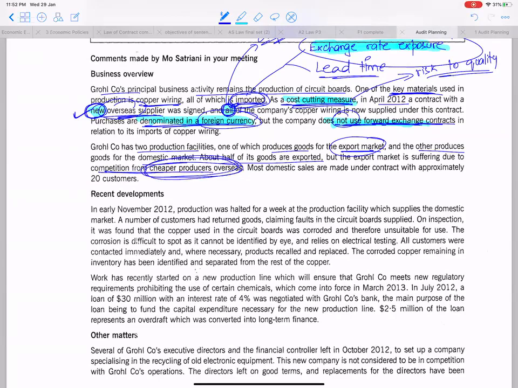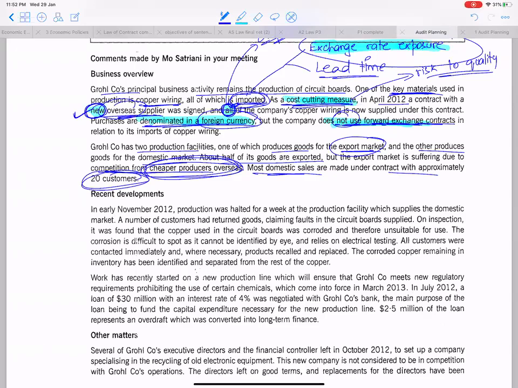Now, what do you mean by cheaper producers? When you talk about cheaper producers, this means that this will force you to reduce your price also. And when you reduce the price, you have to deploy cost-cutting measures, and those cost-cutting measures will affect your quality. Most domestic sales are made under contracts with approximately 20 customers.